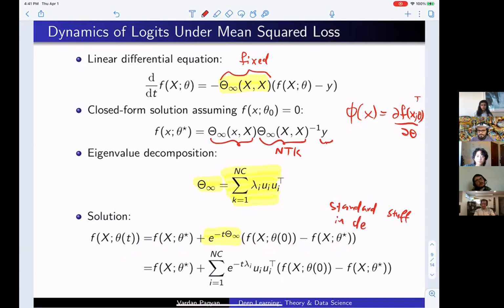Now, one thing that's cool is that you can plug in, instead of the matrix exponent, the sum over the exponent of minus t eigenvalue times eigenvector transpose. That implies that your training is going to converge in certain directions faster than others. For example, if your NTK matrix has one eigenvalue which is very, very large, then you're going to converge in that direction very fast.